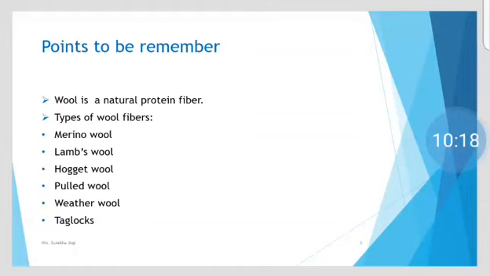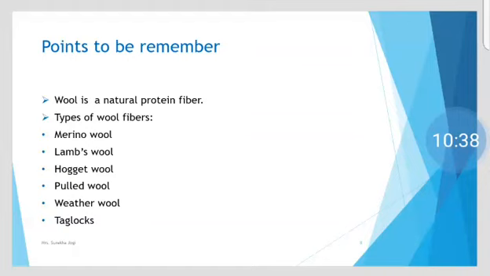Now, points to be remembered. First, you must remember that wool is a natural fiber, wool is a protein fiber, and wool is an animal fiber, and it is obtained from sheep.